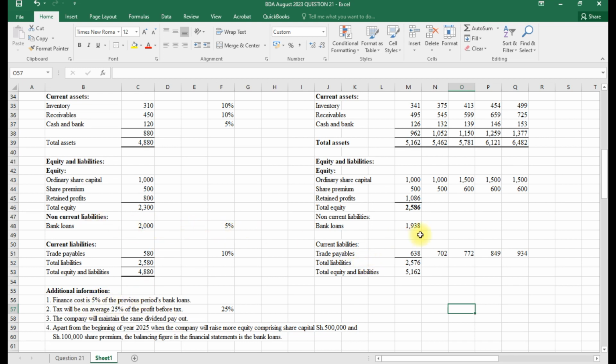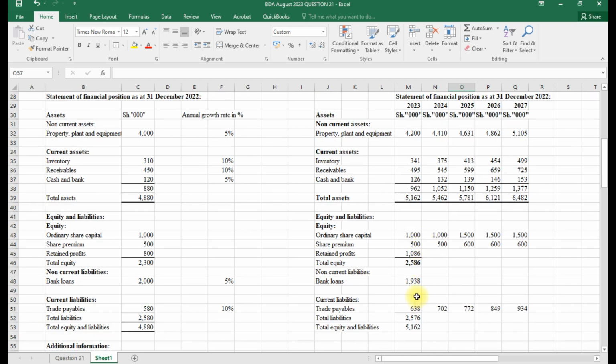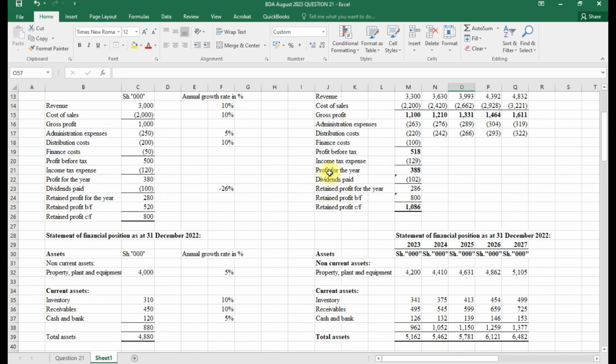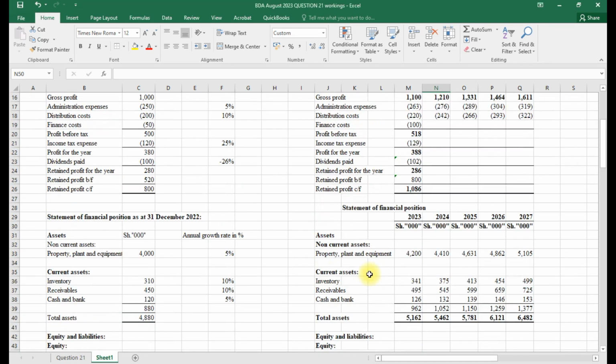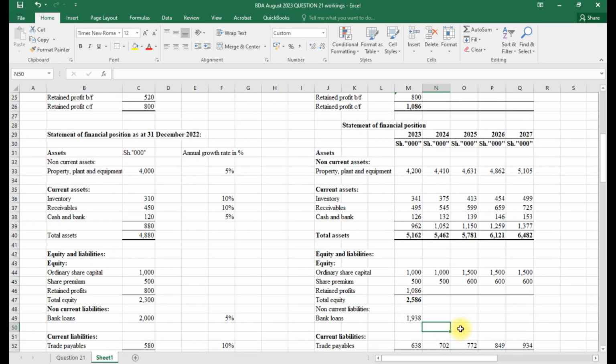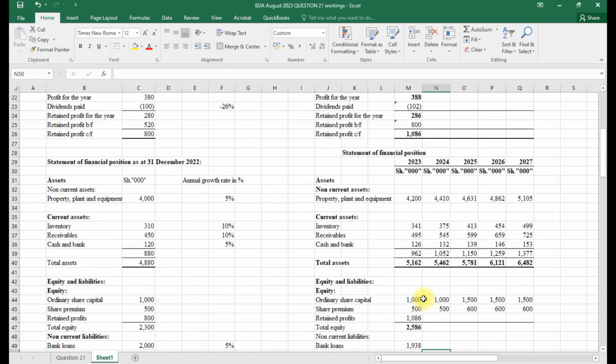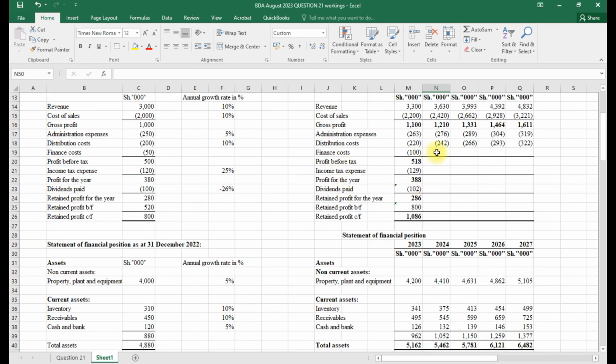Then we needed this bank loan to calculate the finance cost, which is at 5% of the previous bank loan. So for the second year we are calculating, we already have the bank loan for the first year, 2023, so we shall use that to calculate the finance cost for the second year.